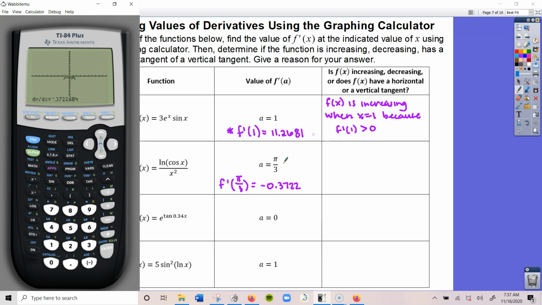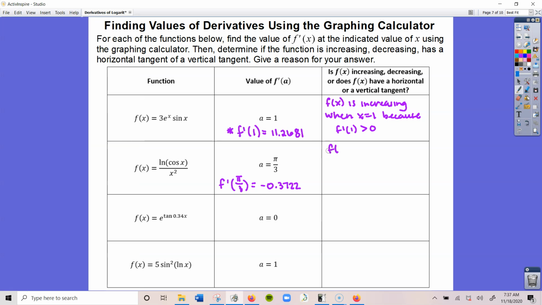Now, because the derivative is negative, this means that f of x is decreasing when x is equal to pi over 3 because f prime of pi over 3 is less than 0.